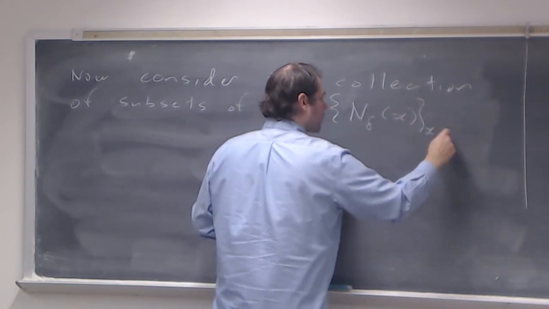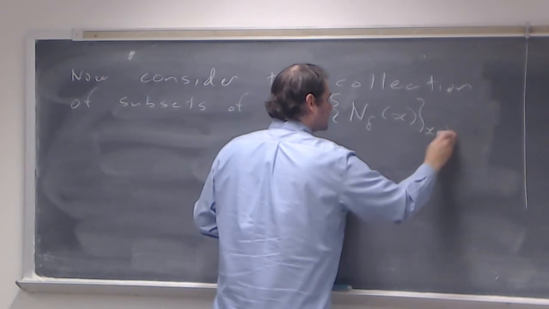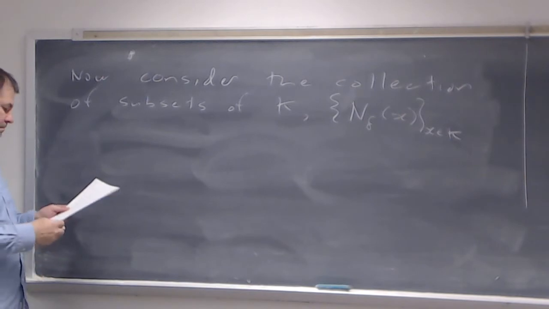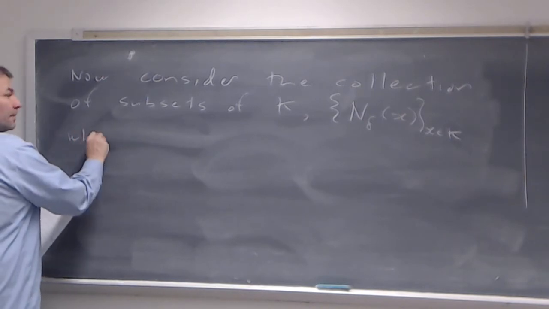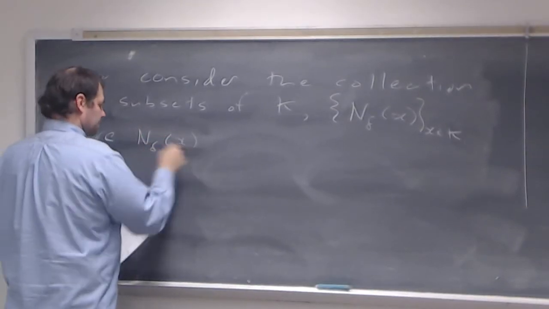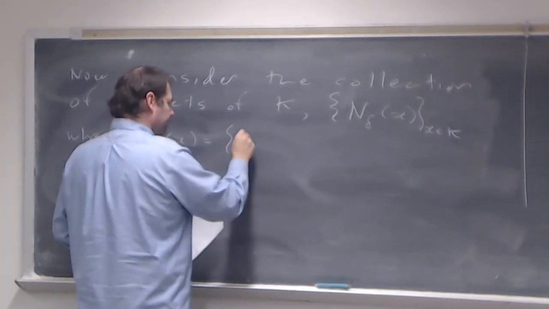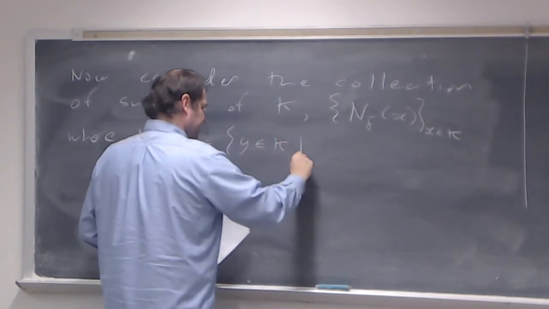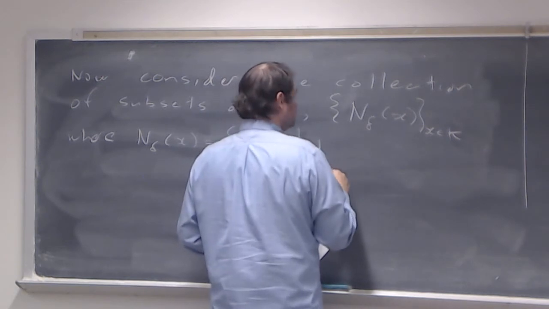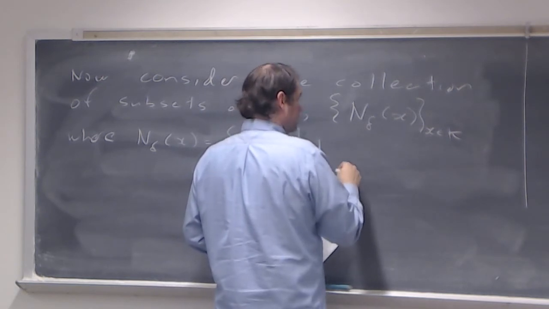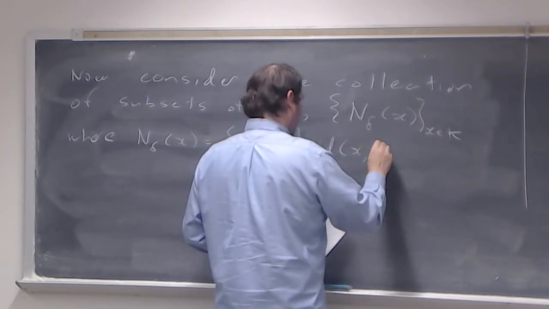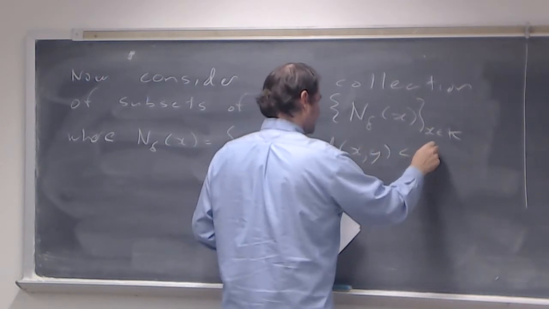And this collection runs for all x's in K. Now, just as a reminder for what a neighborhood is, N sub delta of x is equal to all the y's element of K such that the distance between x and y is less than delta.